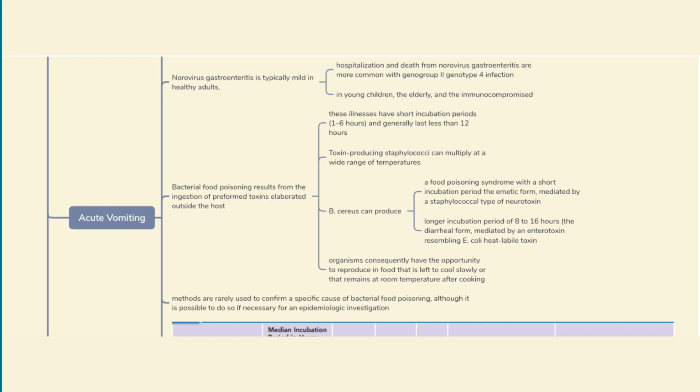That's why we don't need to wait for the bacteria to adhere and invade or cause pathological symptoms in our gut. The toxin will already be there, and that's why we have a really short incubation period, which can be from 1 to 6 hours, but usually less than 12 hours, and it can last from 12 to 24 hours, but generally less than 12.